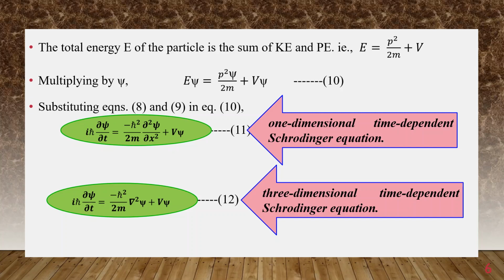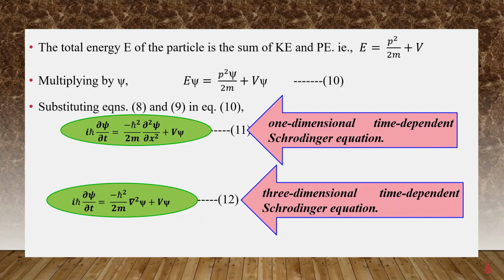Instead of E psi I can write I h cross dou psi by dou t is equal to, instead of P square psi I can write minus h cross square into dou square psi by dou x square divided by 2m, plus V psi as such. We have not seen potential energy separately, we simply represent potential energy by V, so I can write it as such. So this equation 11 is the one-dimensional time-dependent Schrodinger equation.